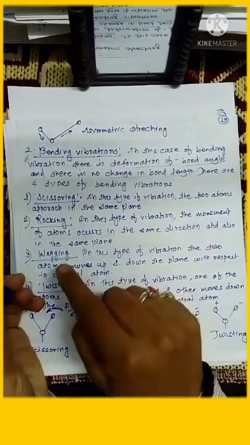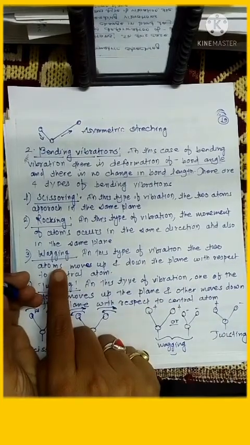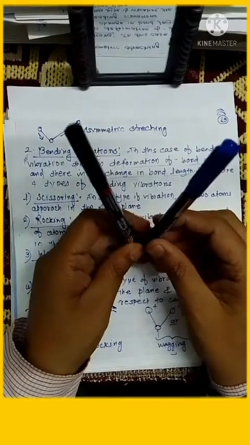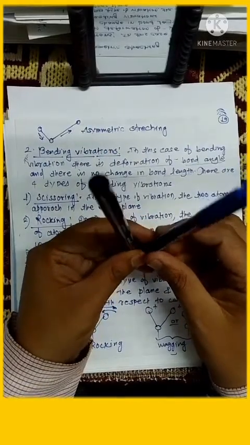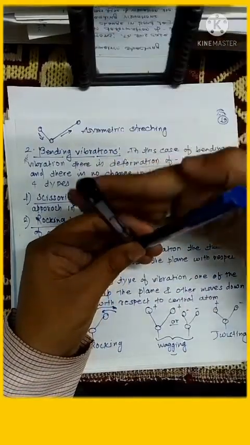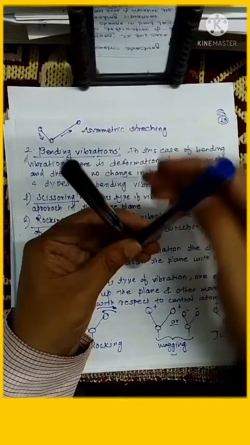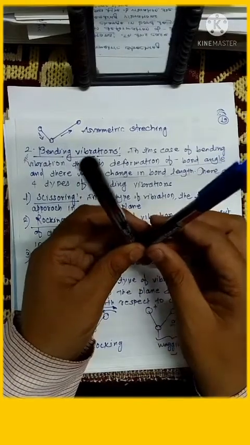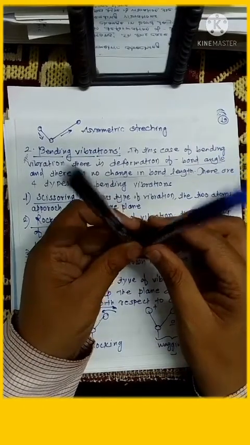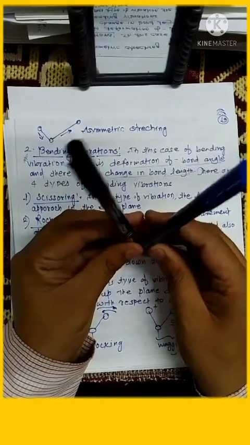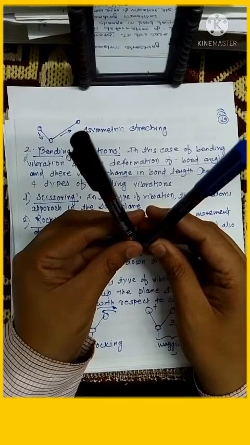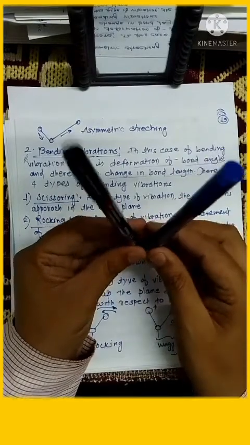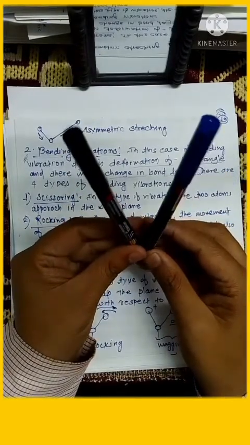Now just see what is wagging. In this type, see what happens with the plane of the molecule. This is the plane of the molecule. In wagging, both oxygen atoms, which are present here and here, move like this.